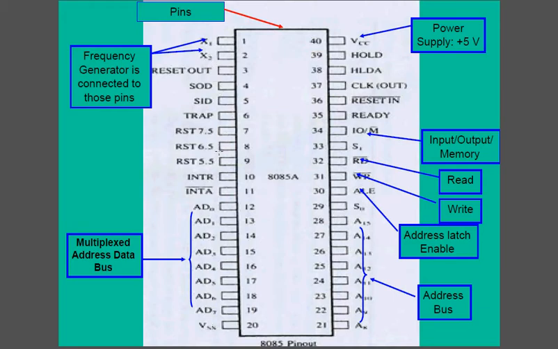And then here you can see this is a multiplexed address bus, where it can be the address bus and also the data bus, AD0 up until AD7. Pin 40 is your power supply, and pin 34 is your IO/memory read signal. So these are all the output pins that you can connect to other devices outside of the microprocessor, for example your IO devices or your memory devices.